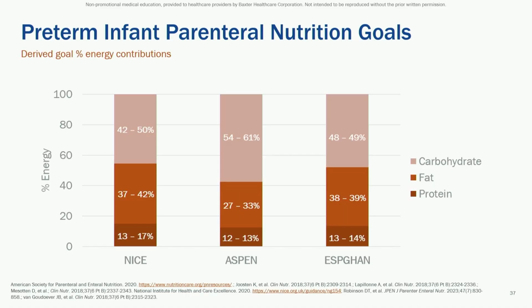So in reevaluating our clinical practice to come more in alignment with these updated recommendations, we've started to really more consider the total macronutrient range of what we're providing in our parenteral nutrition. And so what I've displayed here is just a derived percent energy contribution from macronutrients for the NICE, ASPEN, and ASPEN guidelines.